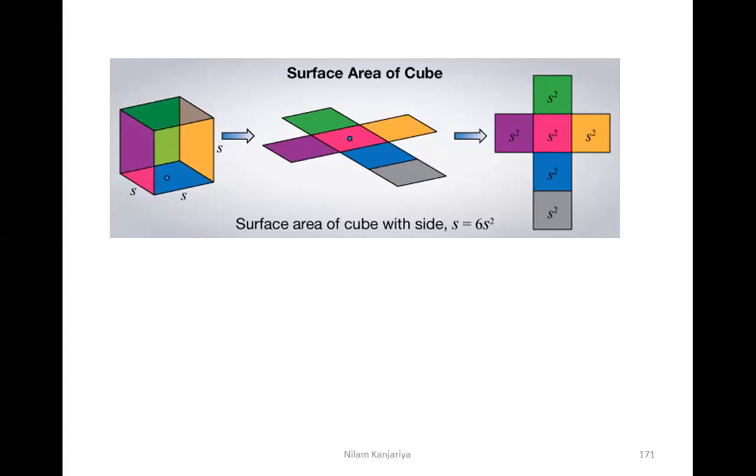So here is the formula of the cube to find the surface area. Surface area is denoted by SA, and capital S is denoted by the length of the side. So the first formula: surface area is equal to 6S squared.